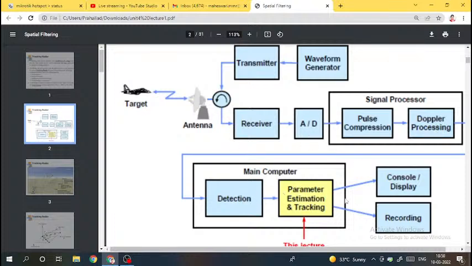In this Unit 4, we will be concentrating on parameter estimation and tracking. We are concerned about four important parameters: the range of the target, the azimuth angle, the elevation angle, and the Doppler frequency shift.